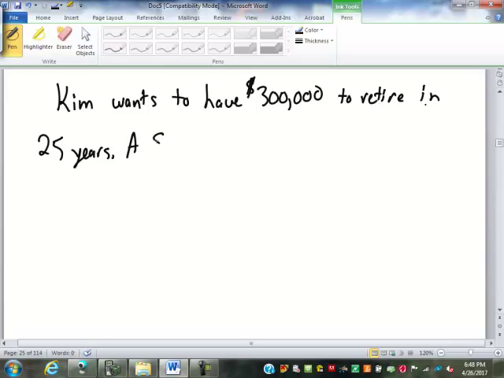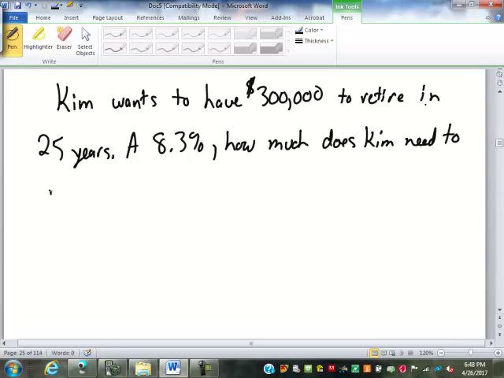At 8.3%, how much does Kim need to invest each month to reach that goal?